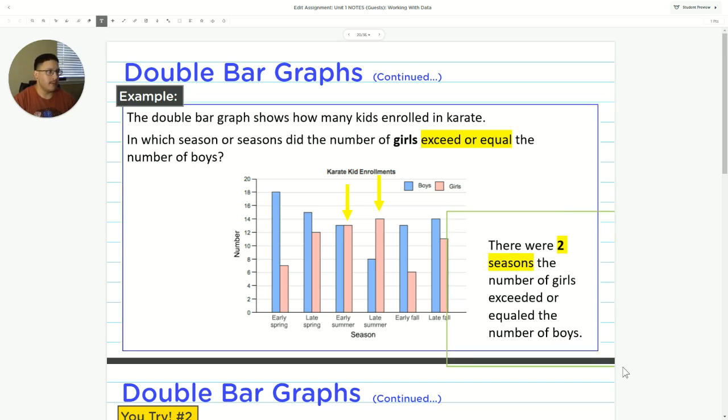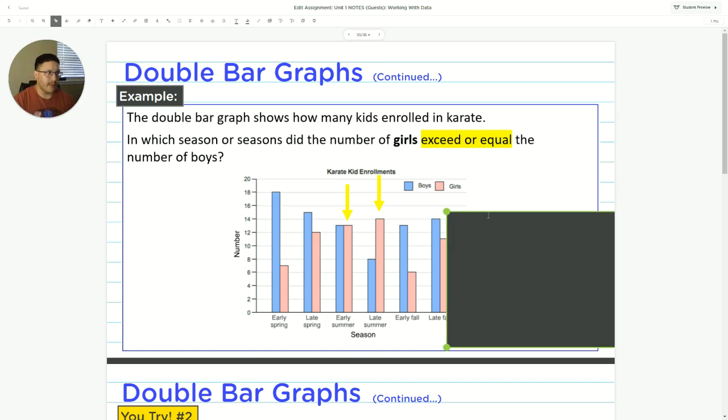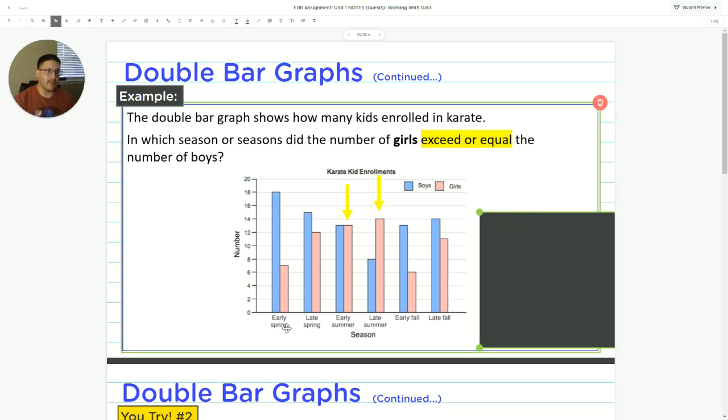Okay, so these word problems that you're going to get into, they don't simply ask how many boys signed up in early spring. There's a comparison being made. There's an analytical comparison being made to draw your attention to a specific conclusion.